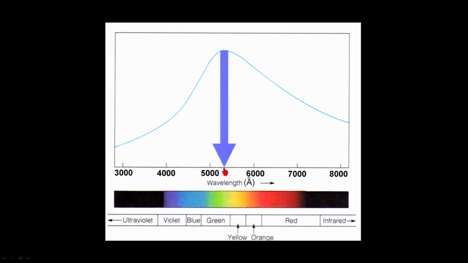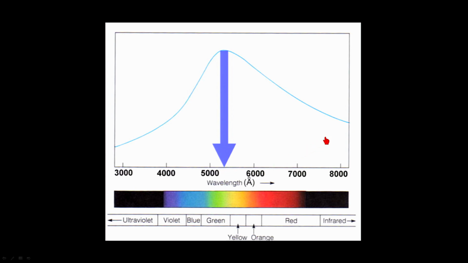So we want to know what is the wavelength that is representing the peak of this blackbody curve. So an example is, we could say from this graph that our sun produces most of its light at a wavelength of, oh, I don't know, 5,300 angstroms here. So the sun produces more green at this wavelength than any other color.